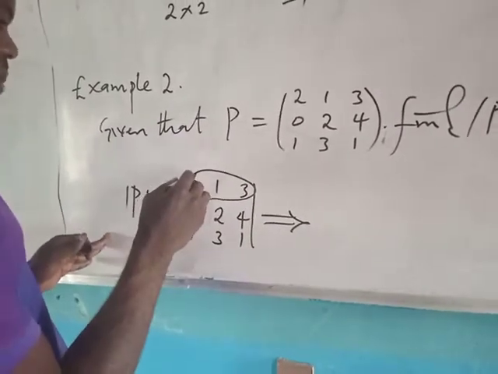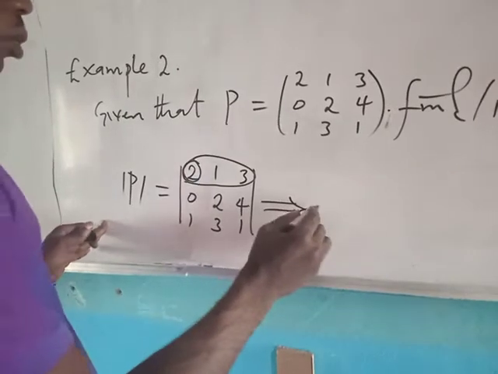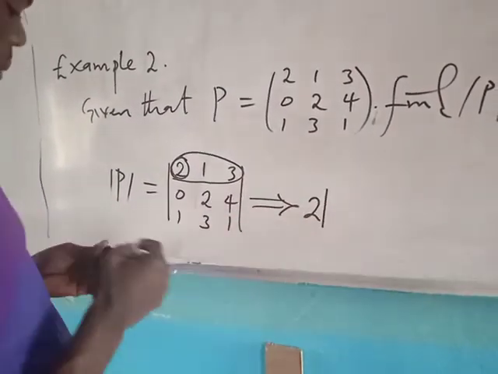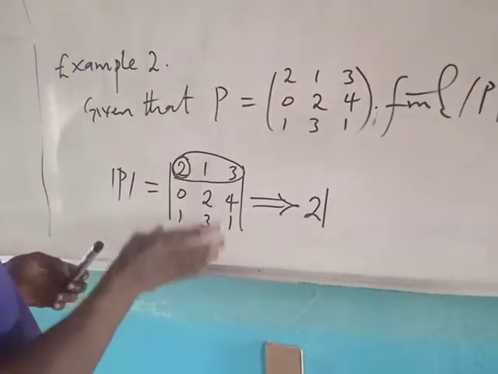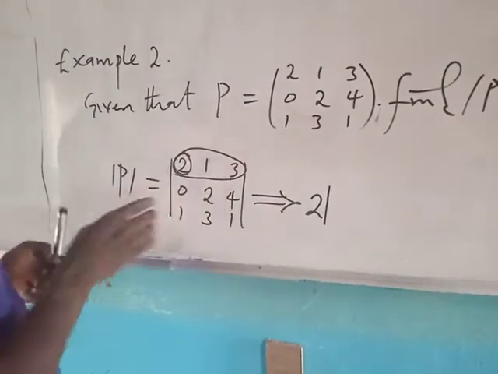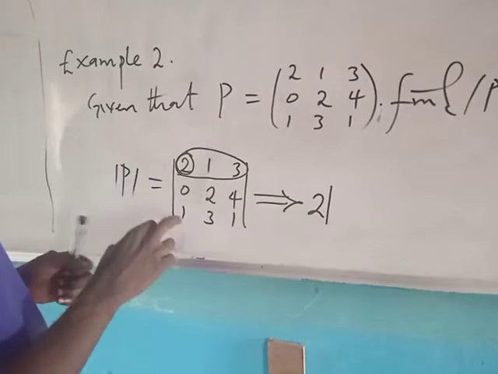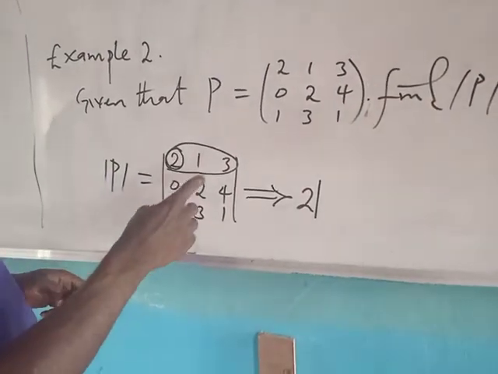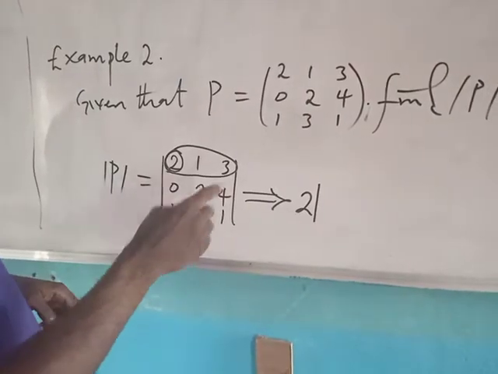And we are using this row. The first element in this row is 2. So we are going to have 2 into the submatrix of this major matrix. The elements there are 0, 2, 4, 1, 3, 1.